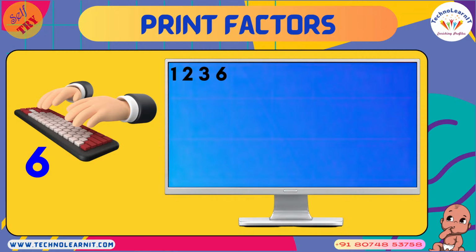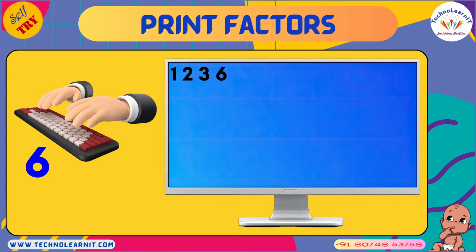Go to the next number, 4. Divide 6 by 4. You get a remainder of 2, which is a non-zero value. That means 4 is not factor of 6. So don't print it. Go to the next number, 5. Divide 6 by 5. The remainder is 1. As long as the remainder is non-zero, don't print that because that number is not factor of your 6.